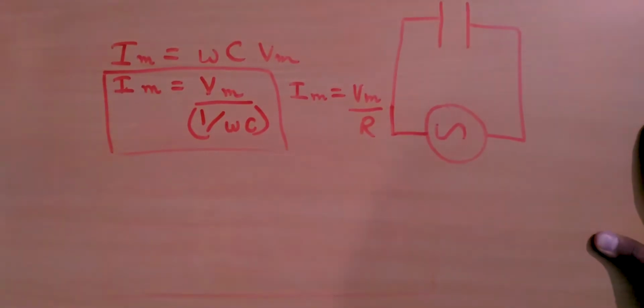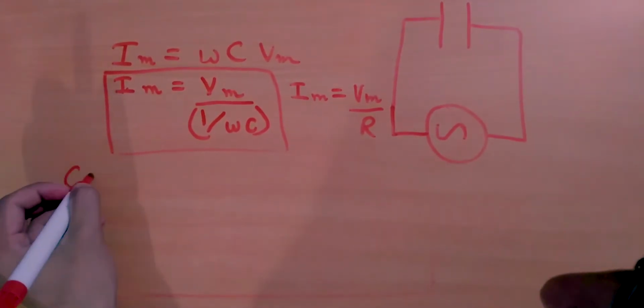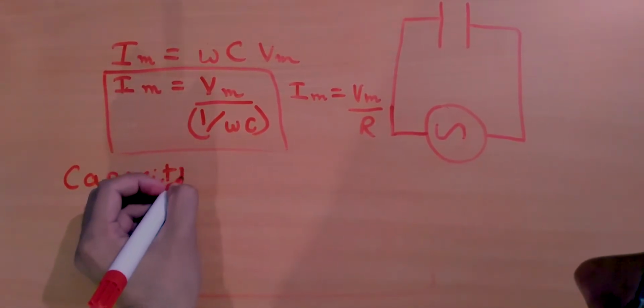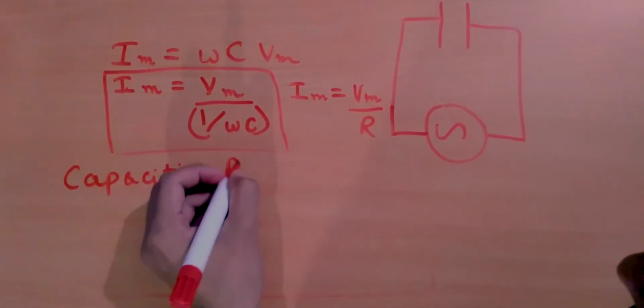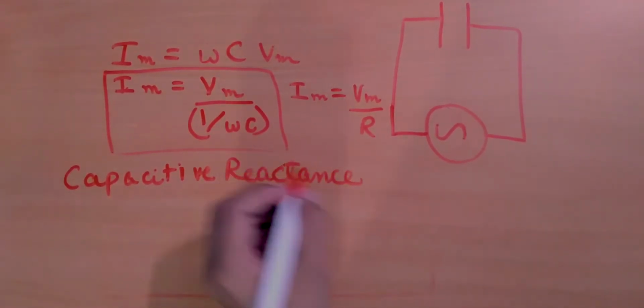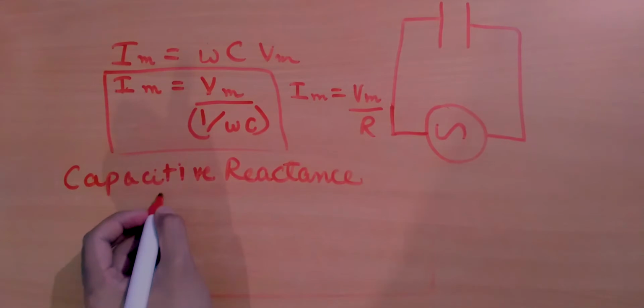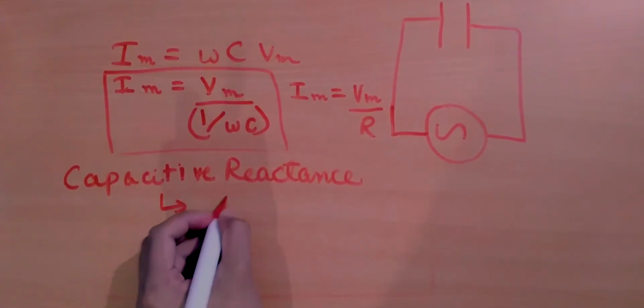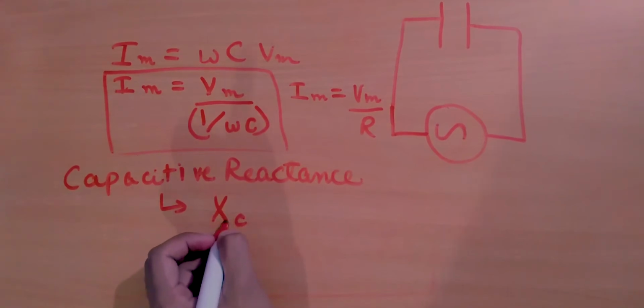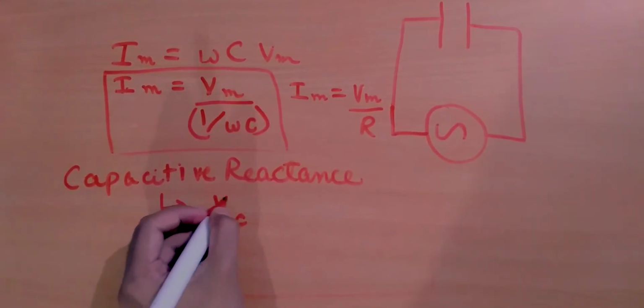We call this the capacitive reactance of the circuit, and it is represented by the symbol Xc, because it is a capacitor, capacitive reactance Xc.